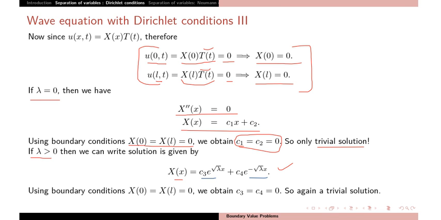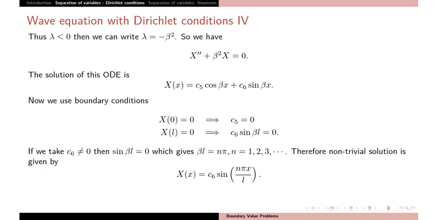Also you can put lambda equal to some beta square. So using boundary conditions, we got both c3 and c4 equal to 0. So again a trivial solution. So lambda equal to 0 and lambda positive only provide the trivial solution.